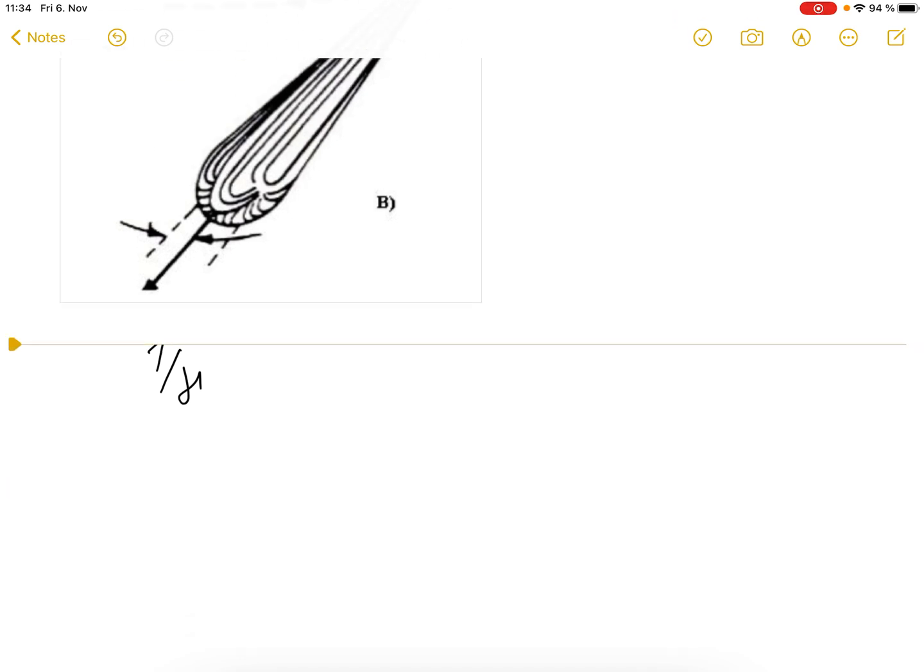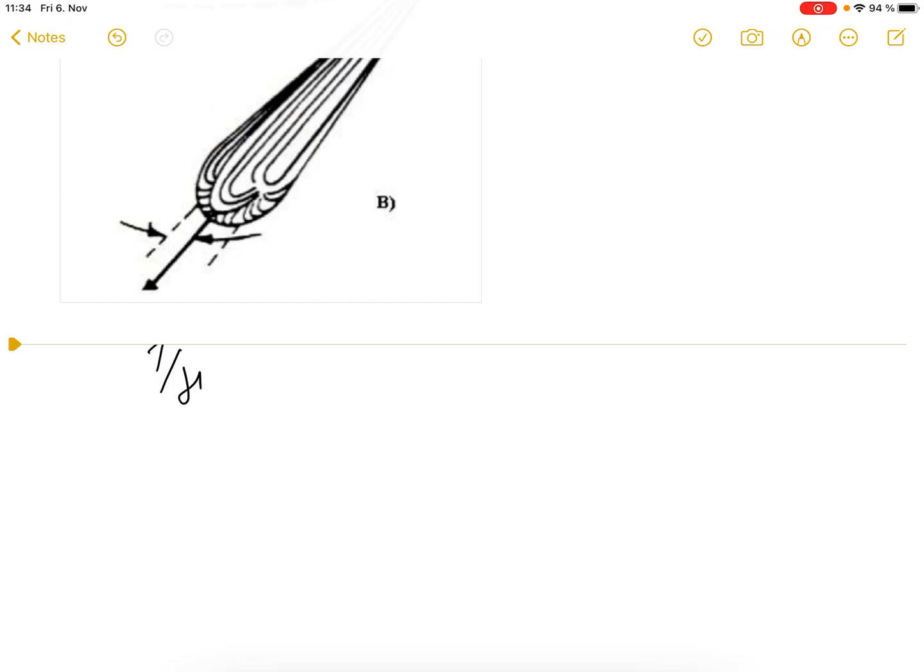That's easily done by considering the Lorentz transformation of an angle. We can do this in the following way.